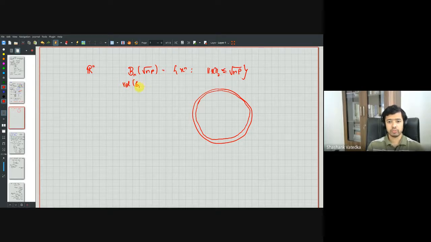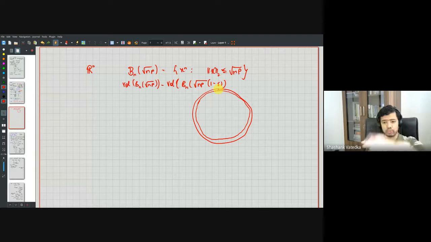So basically, if I look at the volume of Bn of square root np, and I remove everything else in between, so I remove a huge chunk from between, that is the volume of Bn of square root np into 1 minus epsilon. So really, I'm removing most of the region from within the ball intuitively.